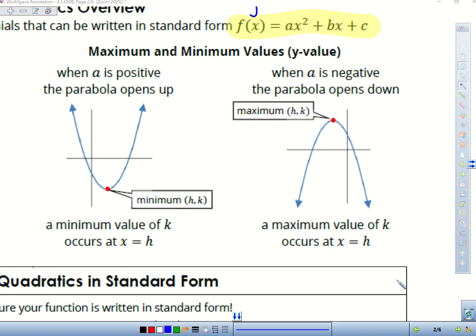So a quadratic can have a maximum or a minimum. It will never simultaneously have both. So a maximum occurs when the quadratic is a frowny face, and the minimum occurs when the quadratic is a smiley face. And those both always occur at the vertex.